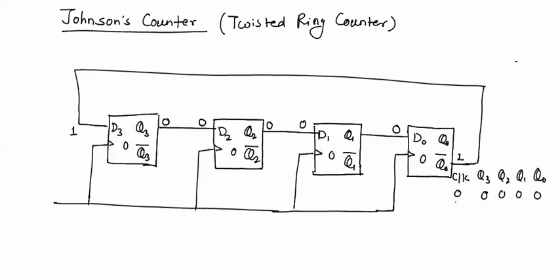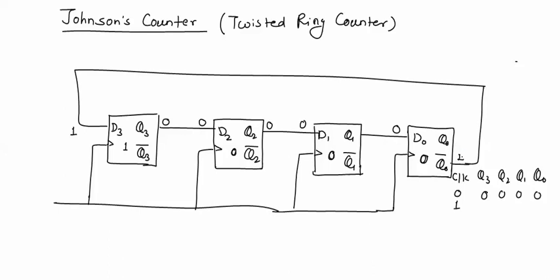Now we'll apply the first clock pulse, first positive edge or first negative edge, depending on the type of triggering of the flip-flops used. It may be positive edge triggering or negative edge triggering. Now when the first clock pulse is applied, this logic 1 will be stored in this flip-flop, this logic 0 will be stored in this flip-flop, this logic 0 in this flip-flop, and this logic 0 in this flip-flop.